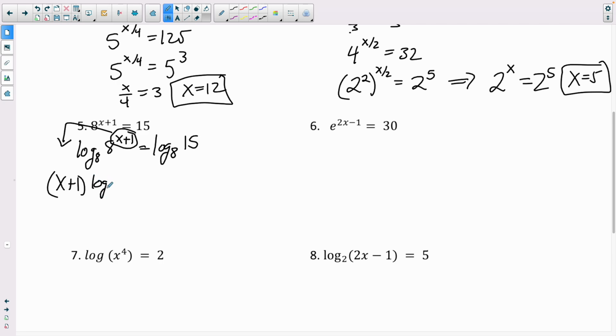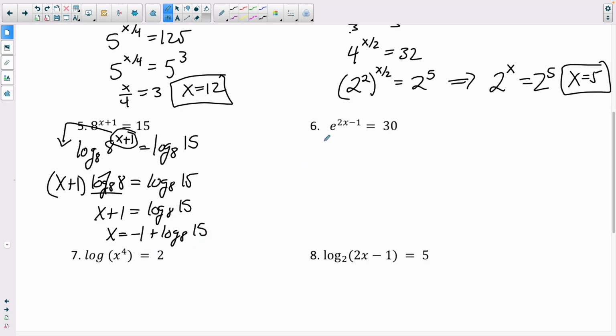And that's going to leave me with log base 8 of 8. Log base 8 of 8 is just 1, right? 8 to the first power gives you 8. So I get x plus 1 is log base 8 of 15. So x is equal to negative 1 plus log base 8 of 15.